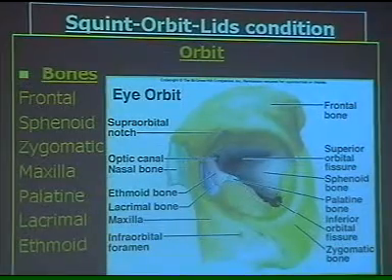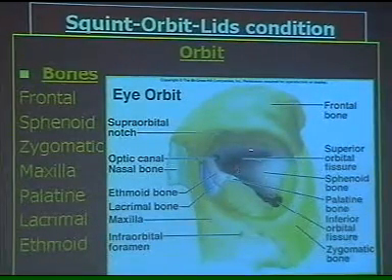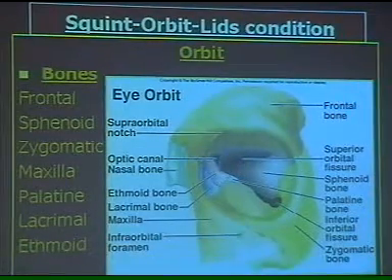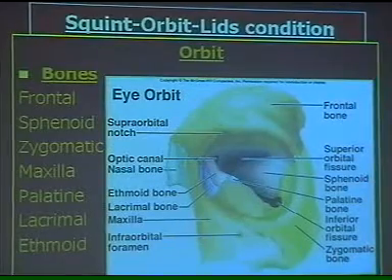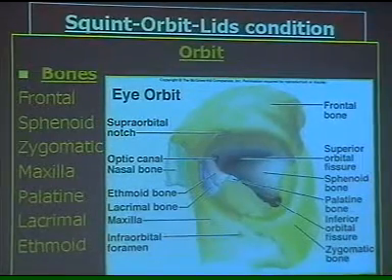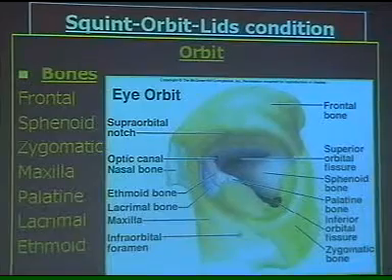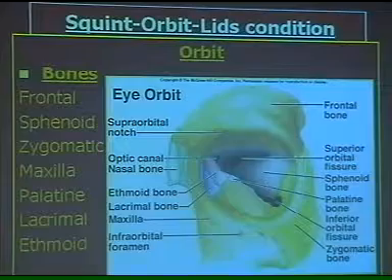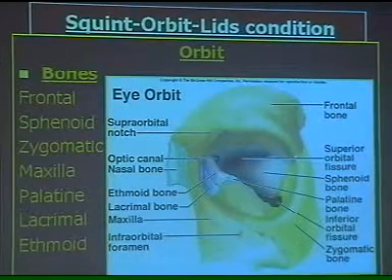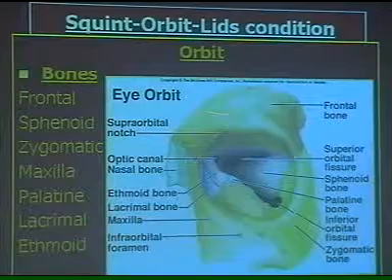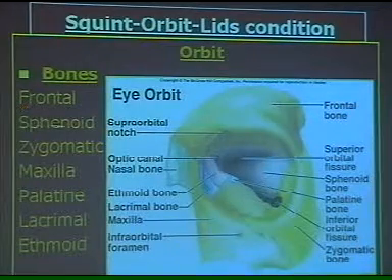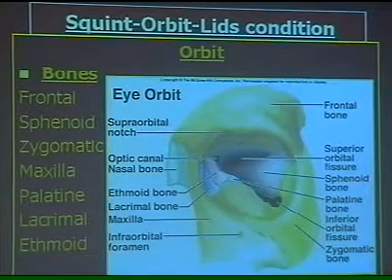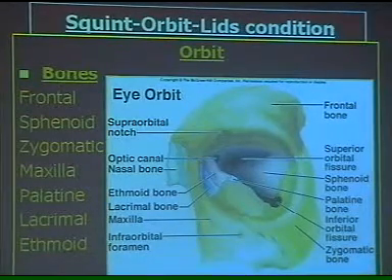Now there are 4 openings in the orbit: the superior orbital fissure, the optic canal, the inferior orbital fissure, and what, may I ask, is the 4th opening in the orbit? That's the answer. That's the opening of the orbit. That's the 4th opening. So the bones which you can read, the bones involved in the formation of the orbit: the frontal, sphenoid, zygomatic, maxilla, palatine, lacrimal, and ethmoid.